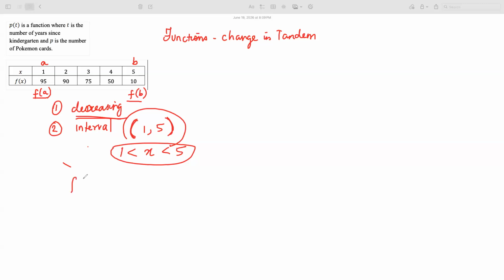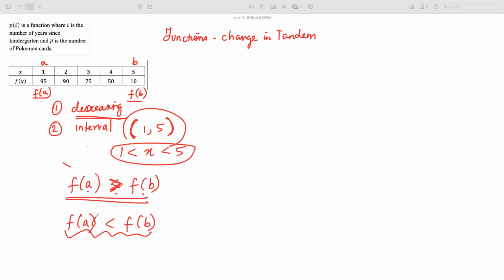Now you can say that f of A is greater than f of B. Y value at A is greater than y value at B. Then that will be the decreasing interval. Suppose if f of A is less than f of B, then this would be the increasing interval.